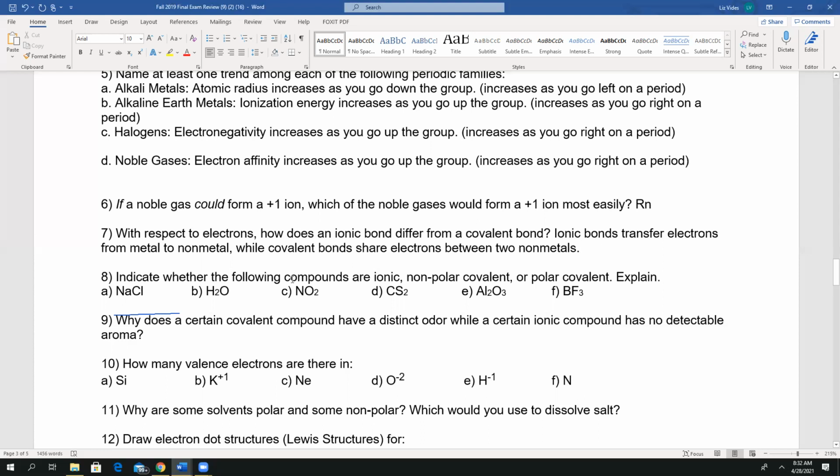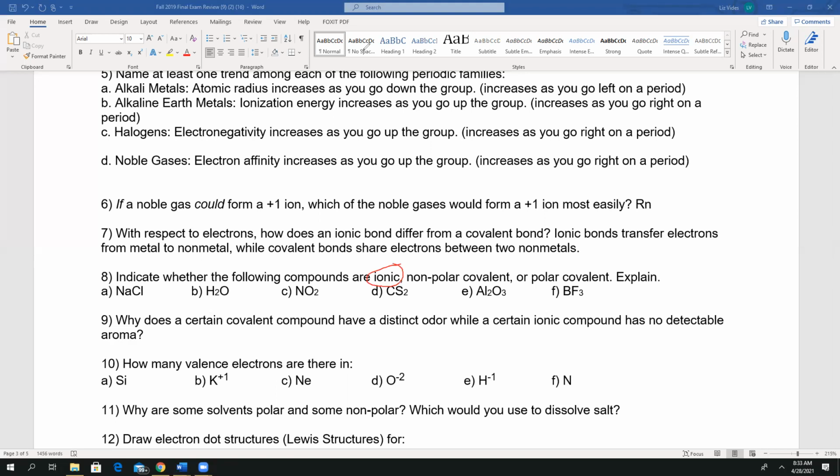Now, how would we know if these are ionic or covalent? First of all, let's do the ionic and covalent thing, and we're going to color code things. Ionic is going to be red.